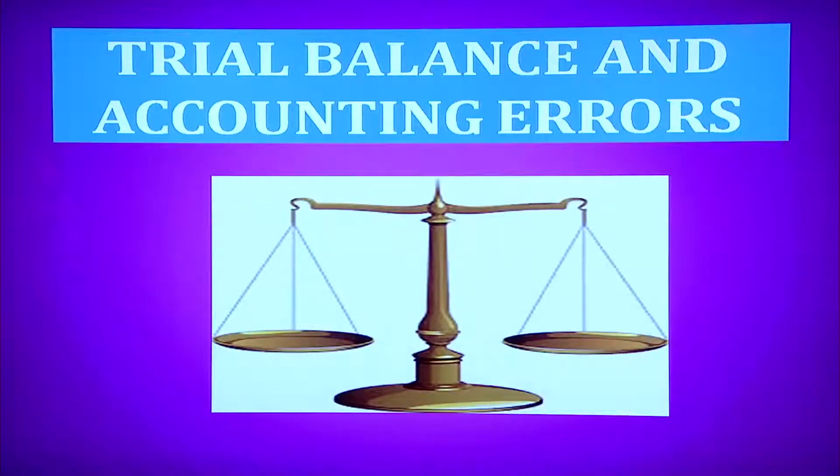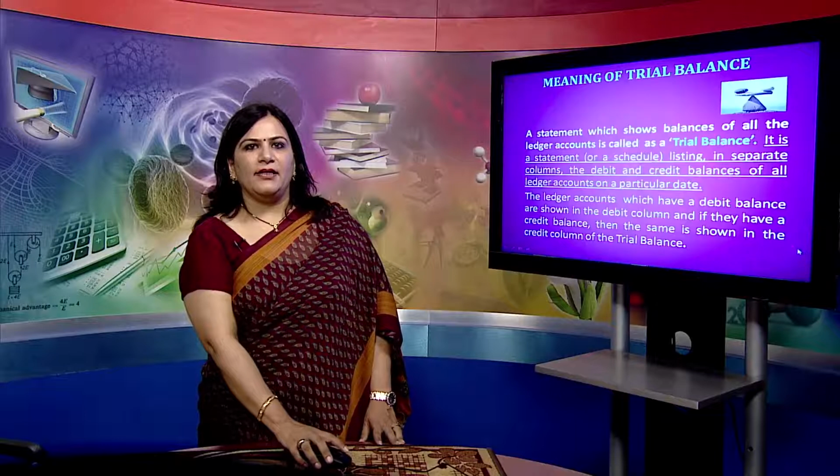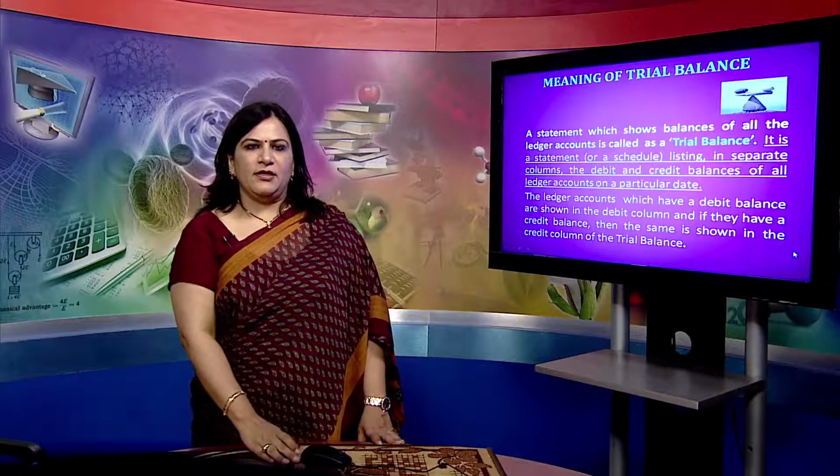There are a lot of errors that might occur while preparing the trial balance. So, the errors disclosed and not disclosed by the trial balance, and then the suspense account. So, now we can begin this chapter which talks about trial balance and the accounting errors.